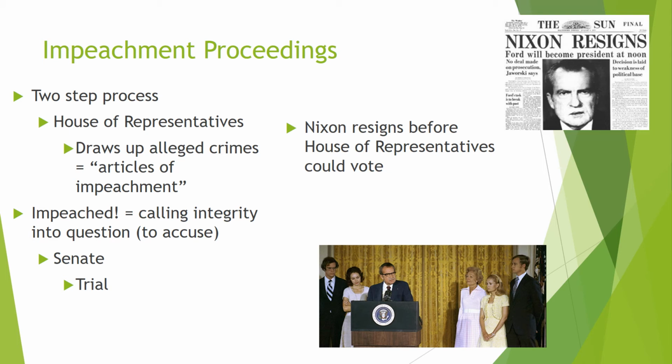So politicians behaving badly. And that's an important distinction because the president doesn't have to have actually committed a crime punishable by any statute. He just has to be guilty of bad behavior. And this is something that came up during the impeachment proceedings against Donald Trump.